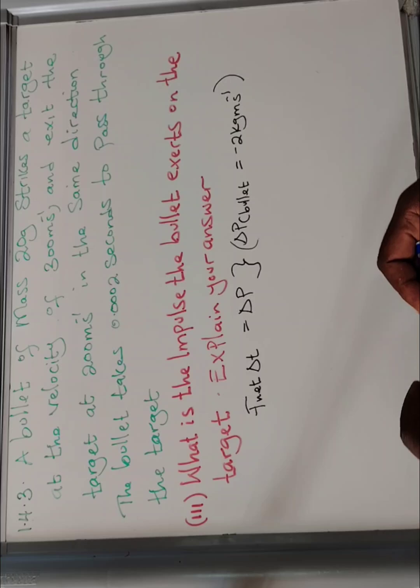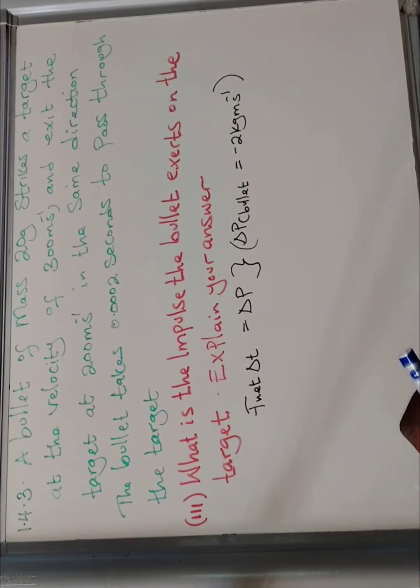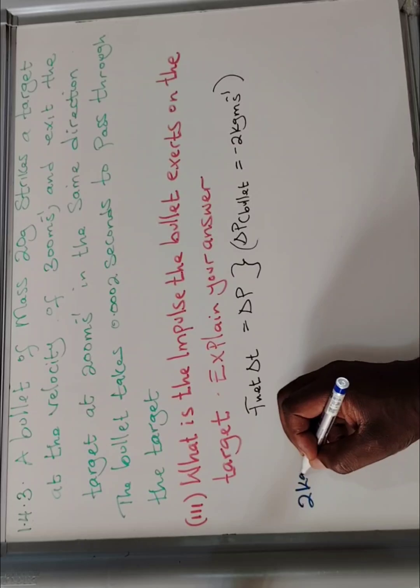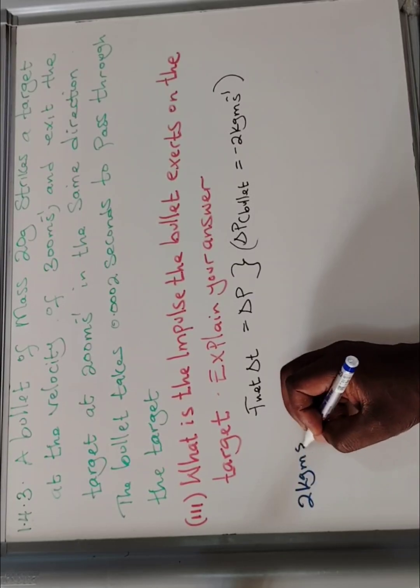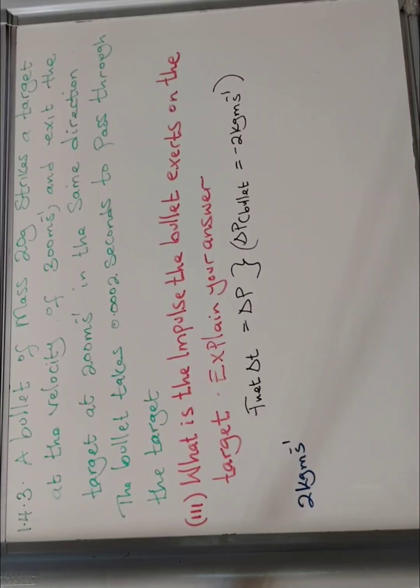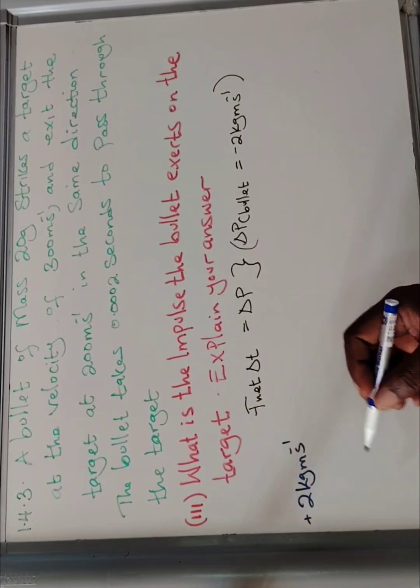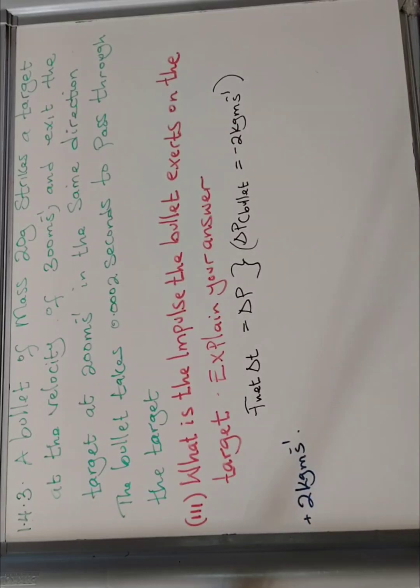Our answer is going to be 2 kilogram meters per second. And it is positive. Let us put it here to emphasize it. Positive because the change in momentum of the bullet was negative. Remember, they have the same change in momentum, but opposite in direction.